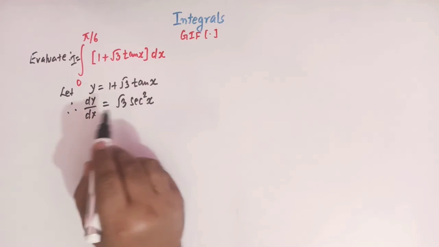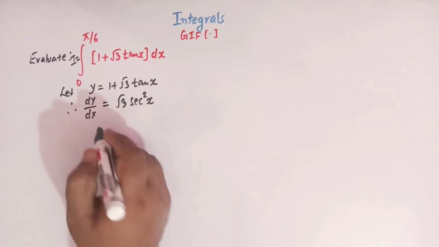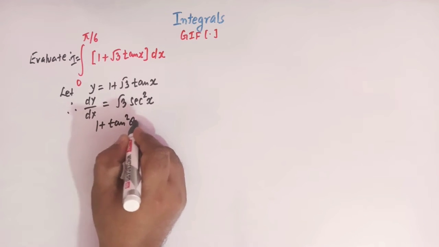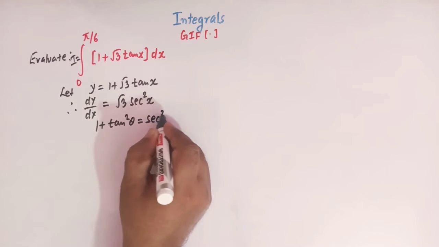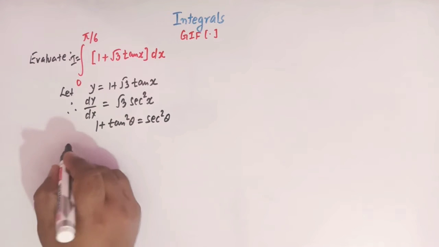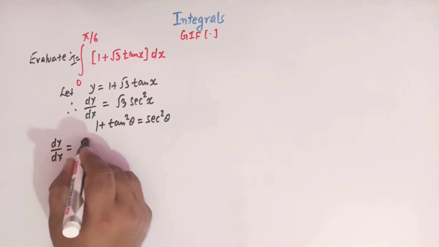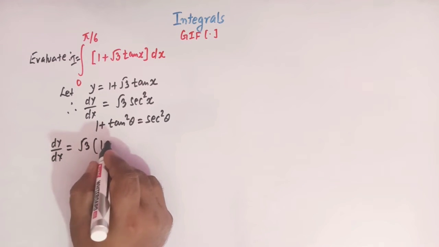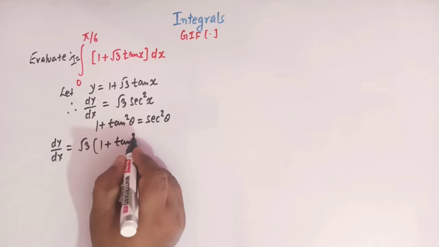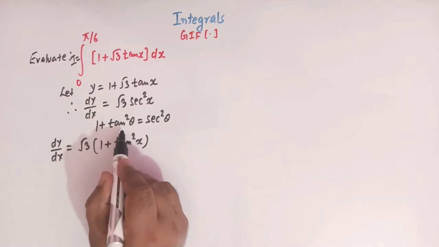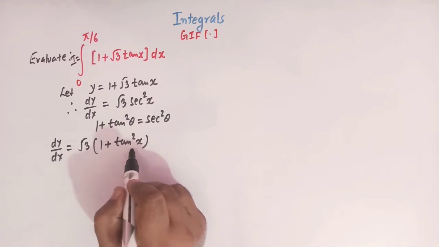Now we'll make use of one important identity, that is 1 plus tan square theta is equal to secant square theta. So dy over dx is equal to square root of 3 times 1 plus tan square x, for sec square x we can write 1 plus tan square x.